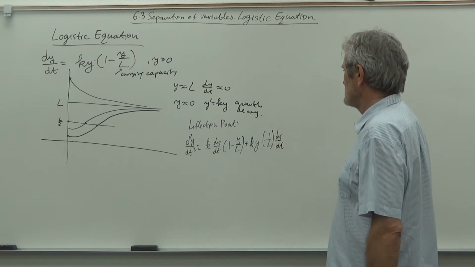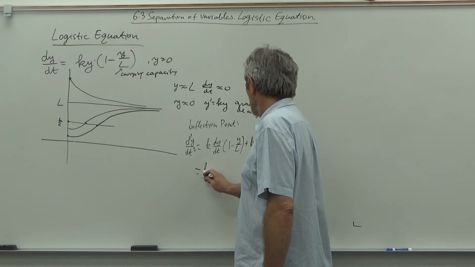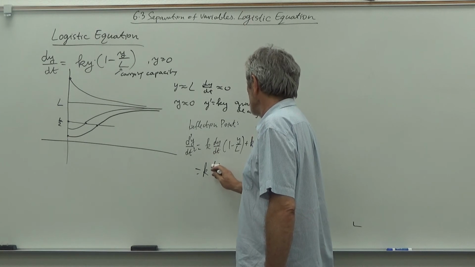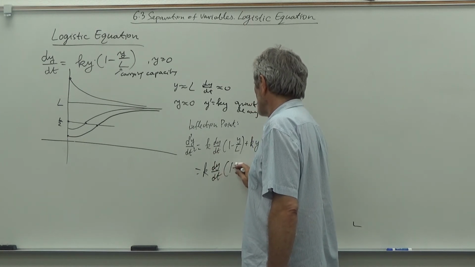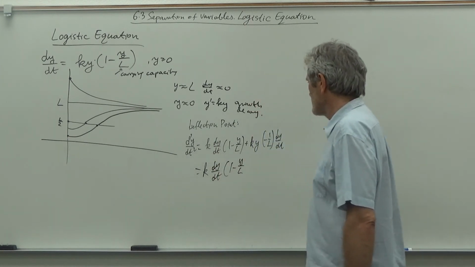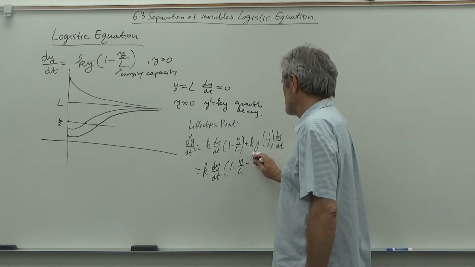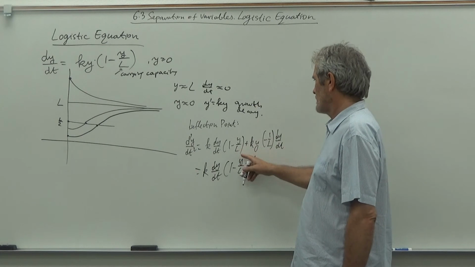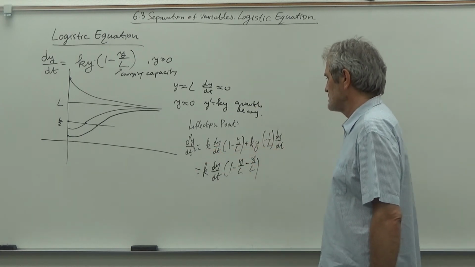And then what would that be? We'll factor out k, we'll factor out dy over dt. So what's left? 1 minus y over L, and minus another y over L. Here's y times 1 over L. Here k is out, dy over dt is out.